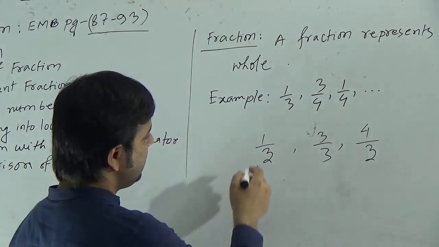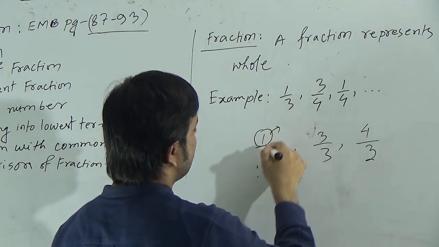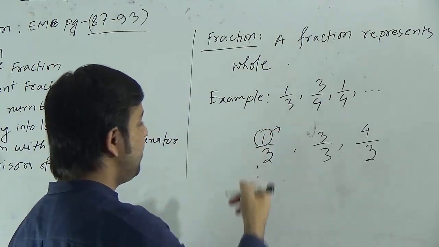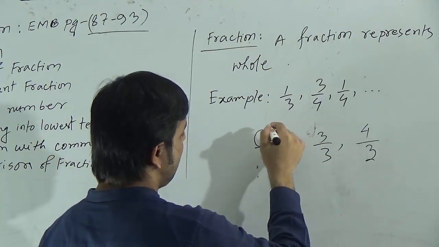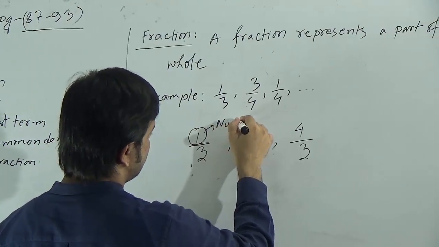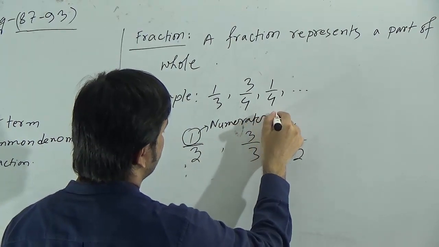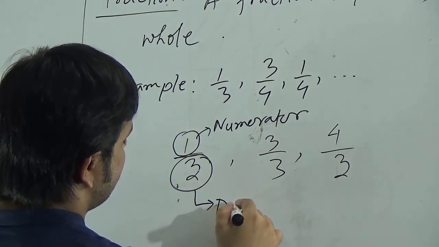It means that here the number which is above the line, in case of fraction, is known as numerator, and this is known as denominator.